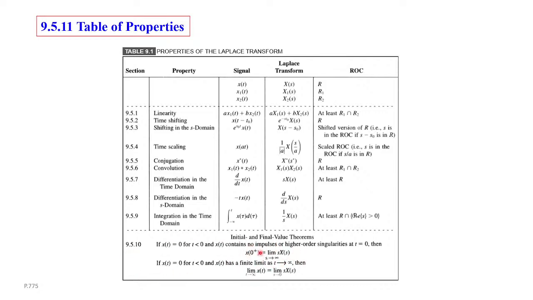Then the initial value is the limit as s goes to infinity of s times big X of s. And the final value is the limit as s goes to 0 of s times big X of s. Okay.